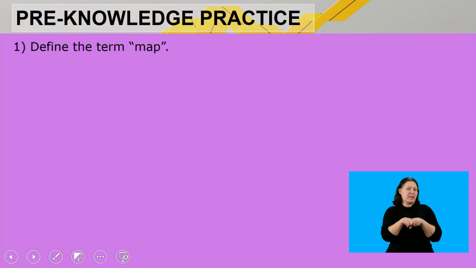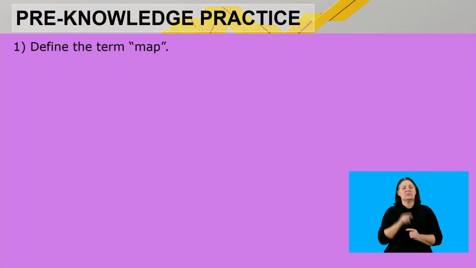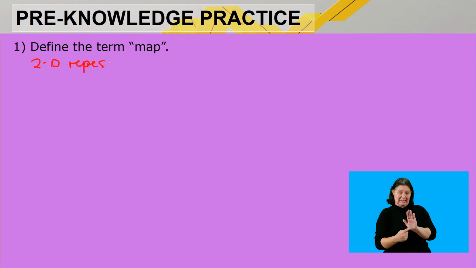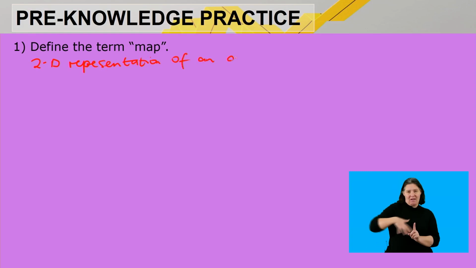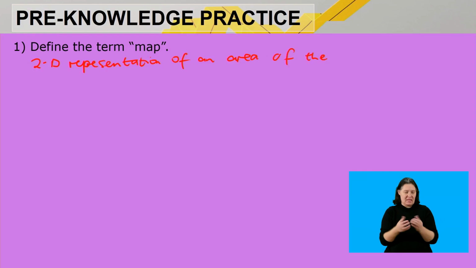Now let's quickly test our knowledge at this moment in time. So let's see how well you have listened. The first question says, define the term map. So I said when I started that a map is a two-dimensional, a 2D representation of an area of the surface of the Earth.